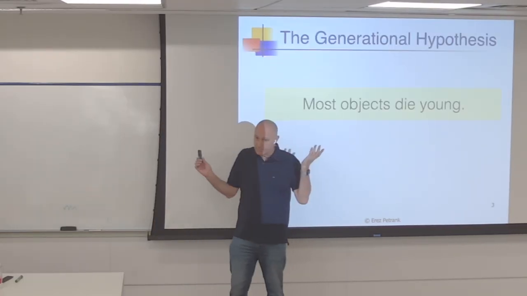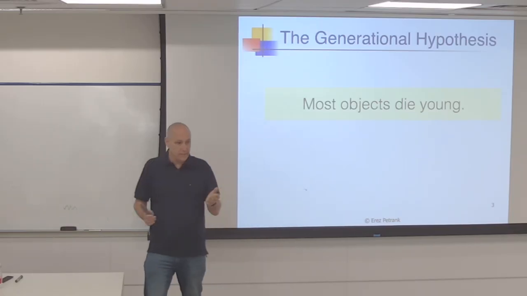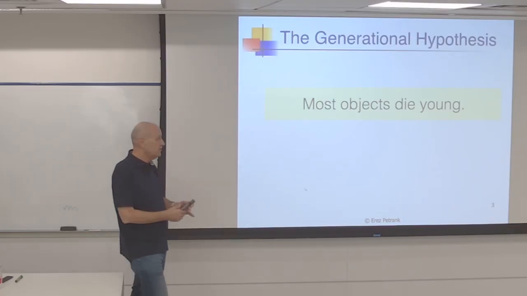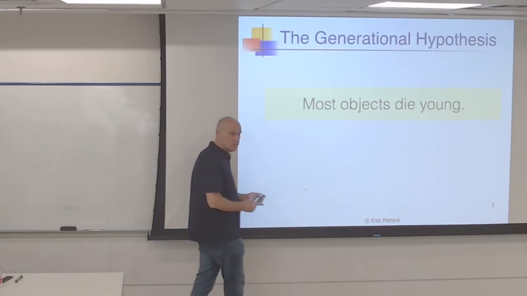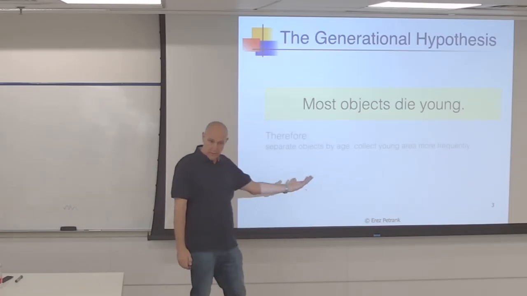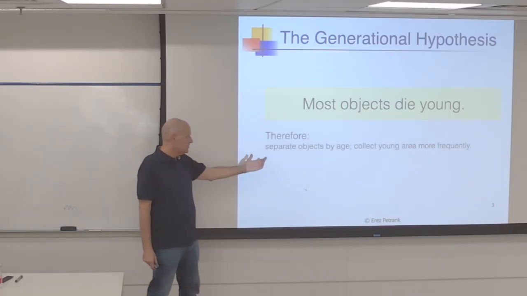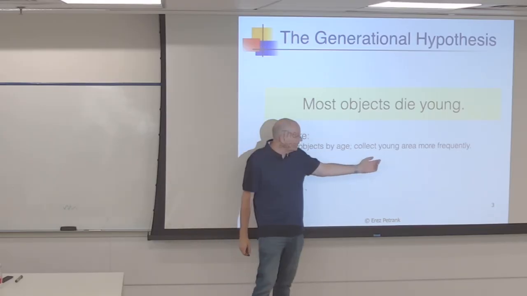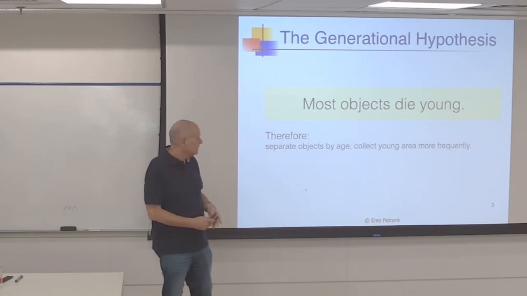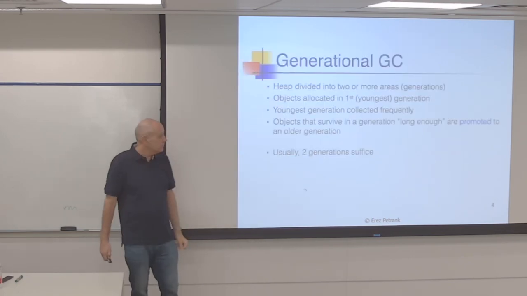So like I said last week, most programs behave in a manner where most objects die young, and therefore a logical way to work with it is to just separate the objects by age and collect the young objects more frequently. So this is what we're going to do.